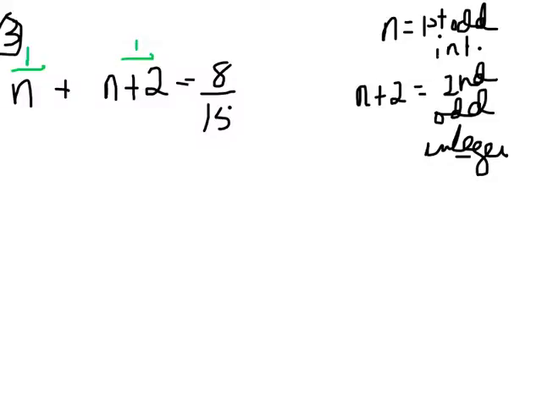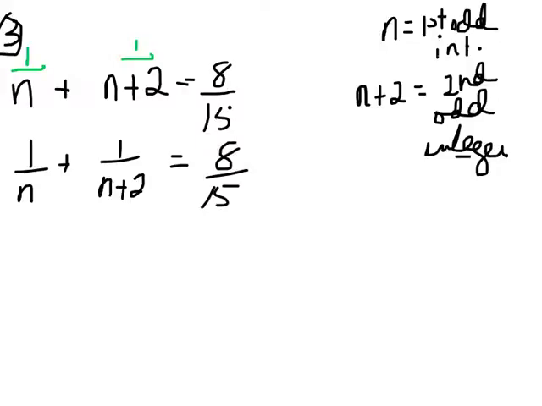Okay, so let's work a little bit on this. I'll probably leave some of it for you to solve. But if I have this, and I want to get rid of all my denominators, I can clear the fraction. Well, this is going to be a mess because you have to multiply by n plus 2, and by 15.